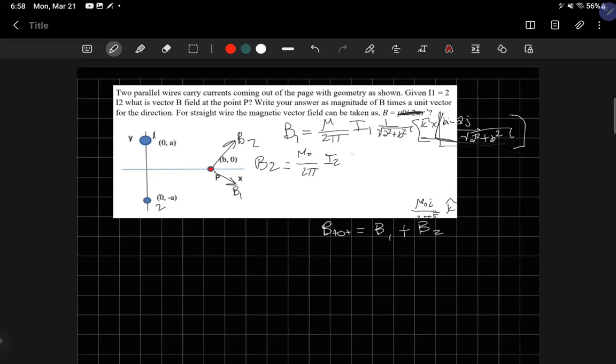Okay, your R. Cross your B i plus A j over A squared plus B squared.